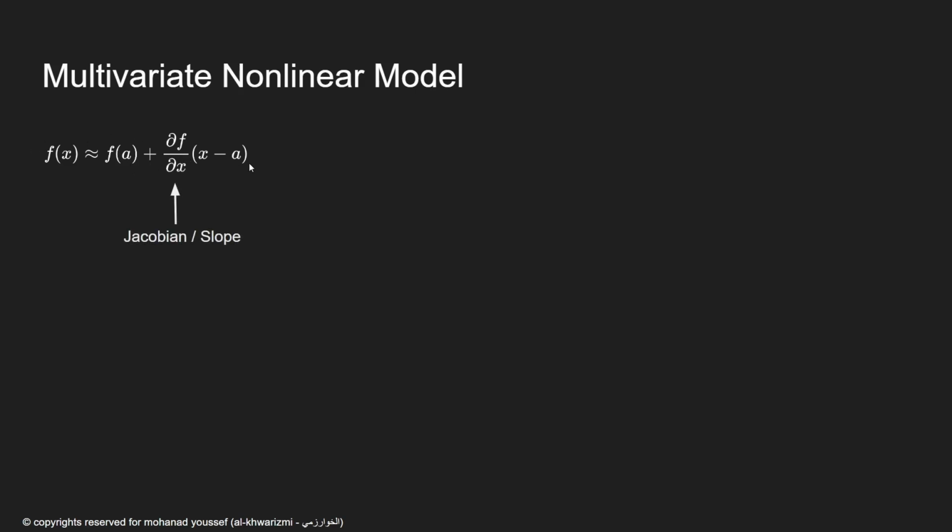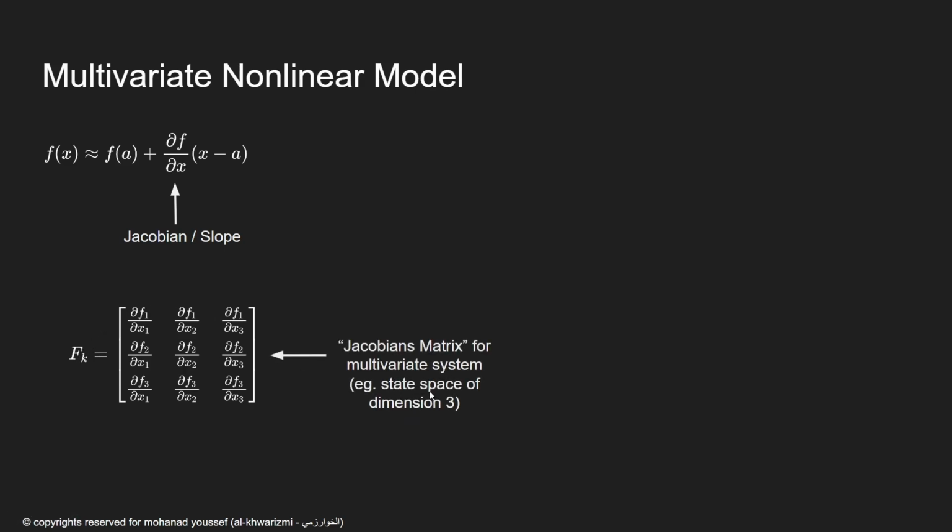and that's for 1D. But if we want to have multiple state vector dimensions, so like multiple states in the state vector, then we can construct this Jacobian matrix F. And here I assume that we have a state vector of dimension 3. So we have x1, x2, x3. And to build it, we take the partial derivative of the nonlinear function f with respect to each element in the state vector.